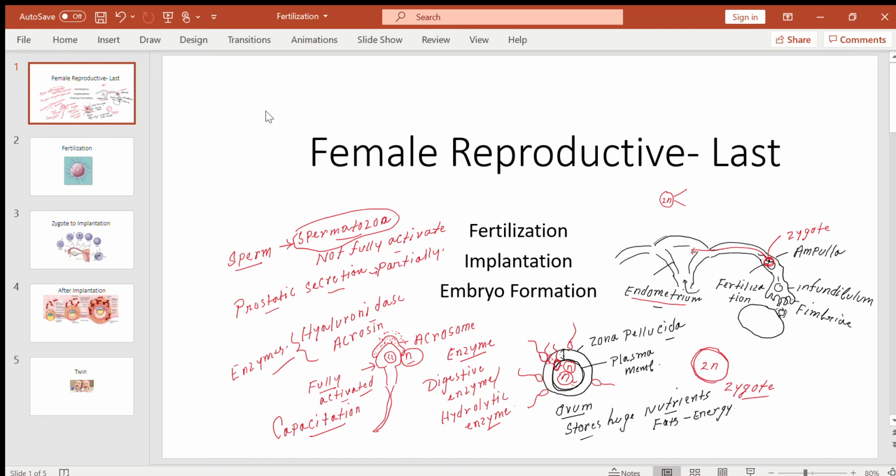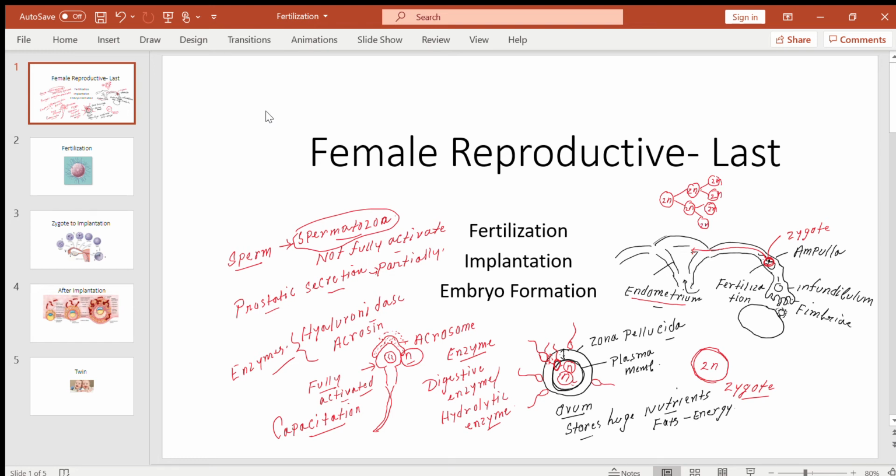So this one will divide first into two daughter cells, each with the same number of chromosomes because this is mitosis, right? They will again divide. That way cell division will continue. Each time you get the same number of chromosomes.